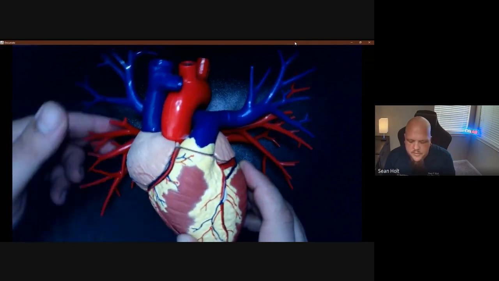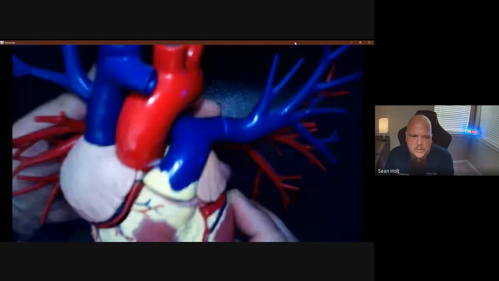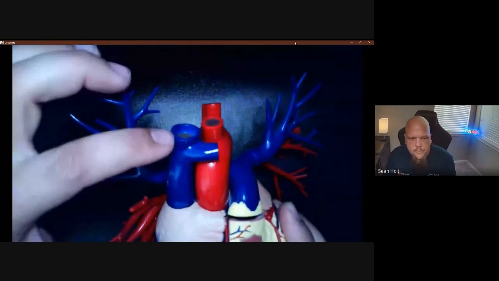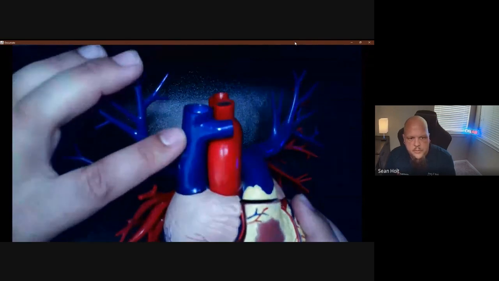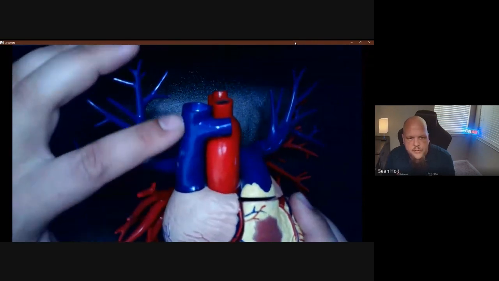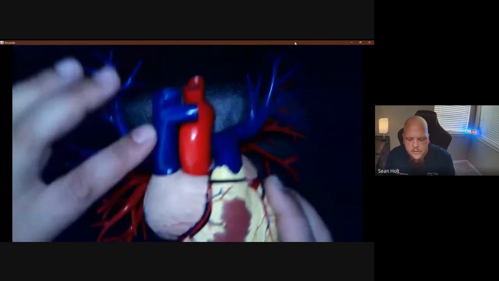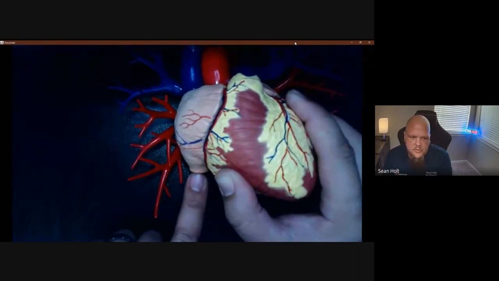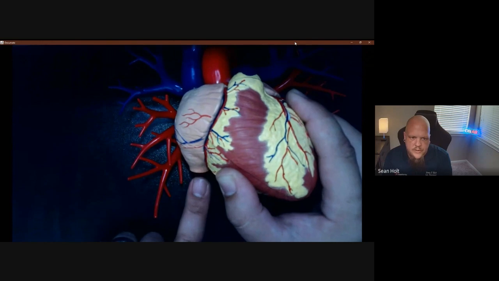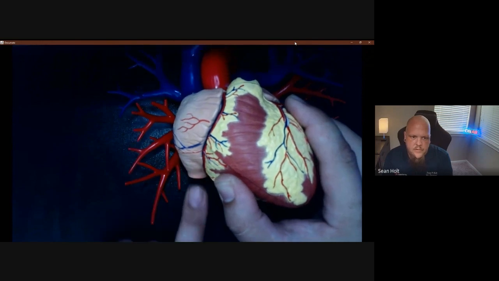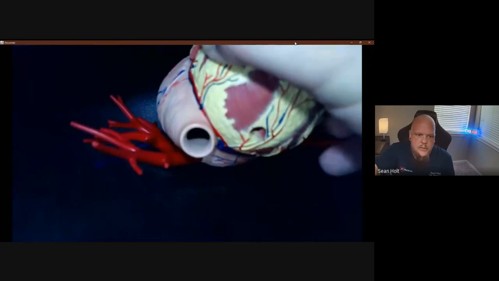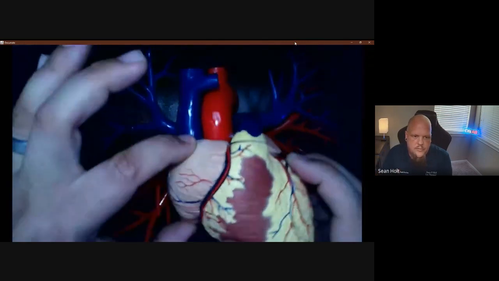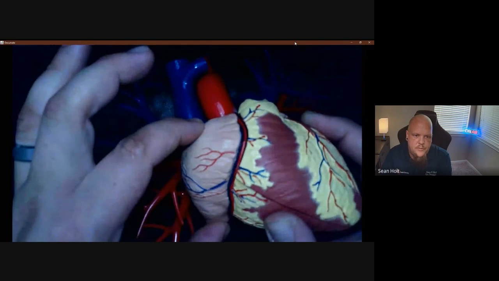So some of the things we're looking at here: this blue tube coming down is called the superior vena cava, all right? Down here usually would have a little blue tube to show the inferior vena cava, but that is what leads to this guy right here. This whole section is the right atrium, okay?